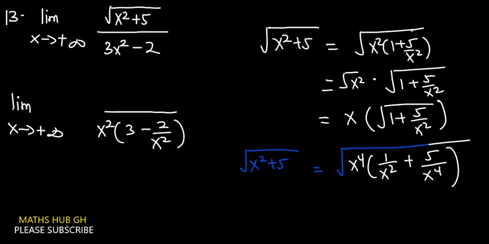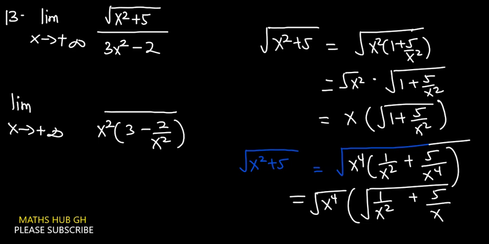At the end we are just going to have the square root of x to the power 4 multiplying the square root of 1 over x squared plus 5 over x to the power of 4. And the square root of x to the power 4 will give us x squared.